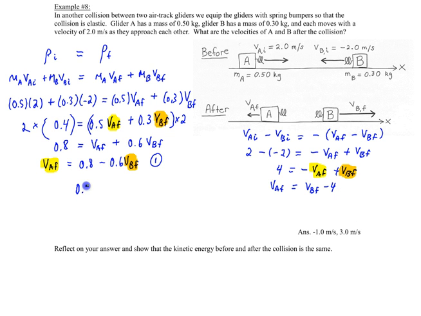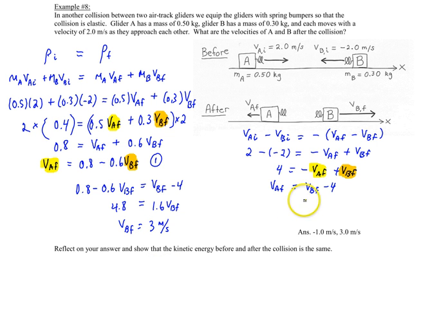So we have 0.8 minus 0.6 VB final equals VB final minus 4. And so now we just do a little bit of math and figure out what VB final is. What you'll see is when you bring this over to the other side, you'll get 1.6 VB final equals 4.8, and that's going to give you VB final equals 3 meters per second.